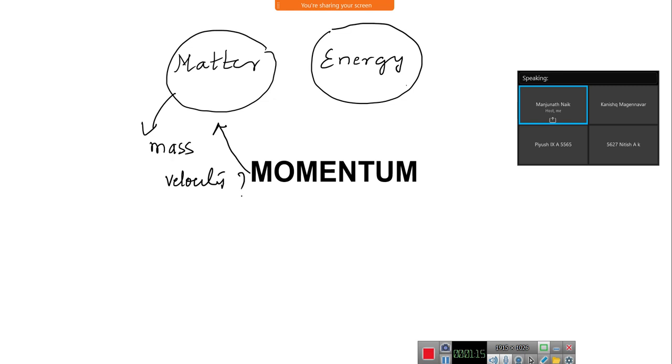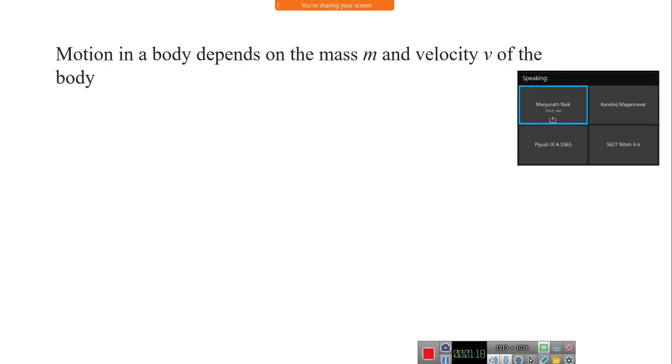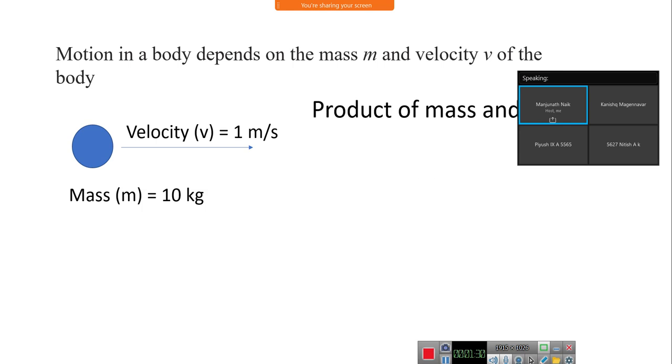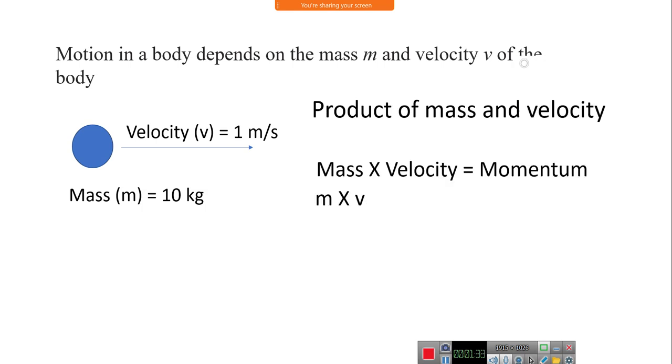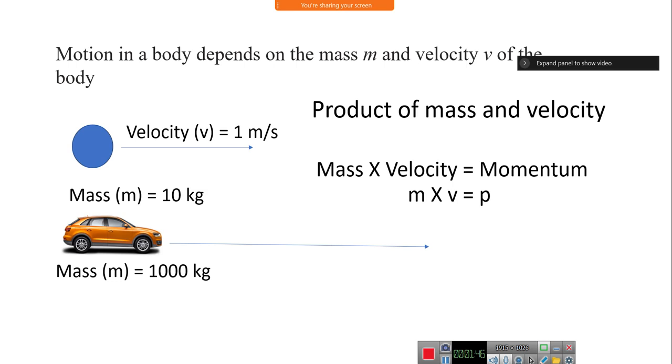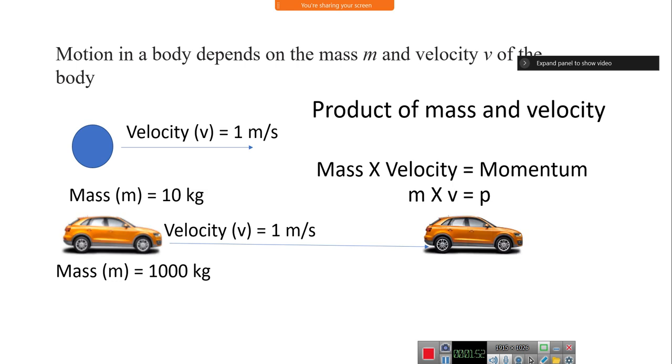Right? And in the previous classes what we have seen, momentum depends on mass and velocity, and we have taken an example that if suppose mass is 10 kg and it moves with a velocity of 1 meter per second, then the product of mass and velocity is referred to as momentum, which can be denoted as a capital letter P. And suppose you want to calculate the momentum of a car which is weighing 1000 kg and moving at 1 meter per second in the starting, and then after some time its velocity changes to 20 meter per second, but the mass remains 1000 kg.